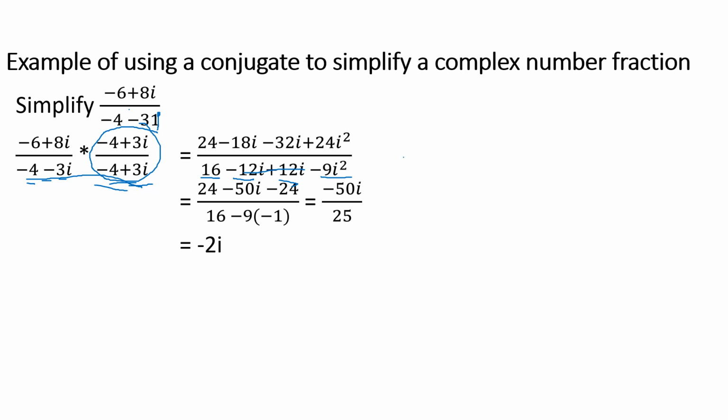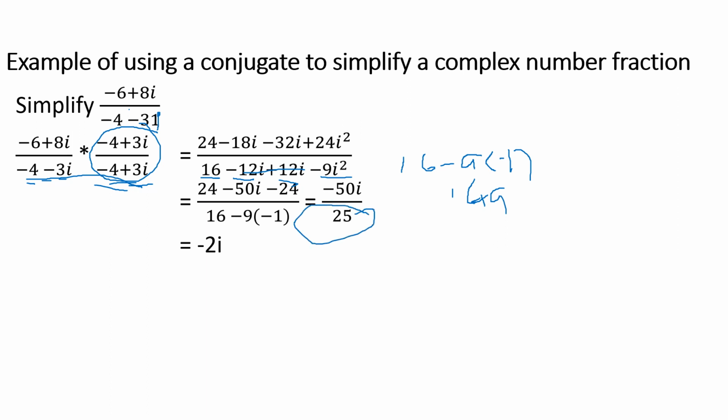So I'm left with 16 minus 9i squared, which is negative 1. So 16 minus 9 times negative 1 is actually 16 plus 9, which is 25.